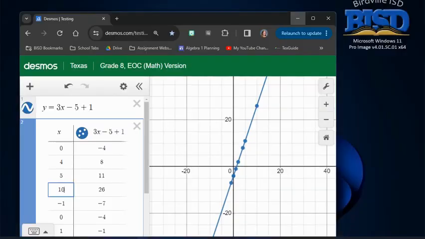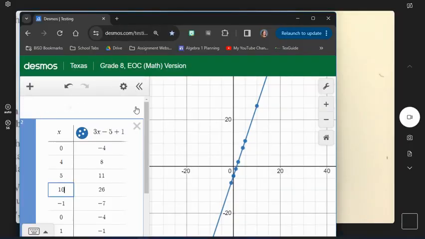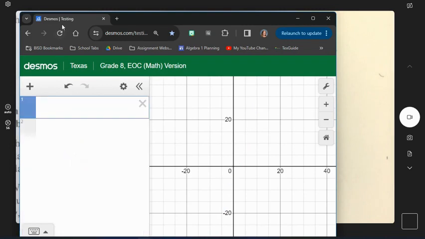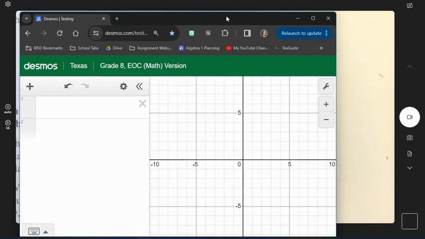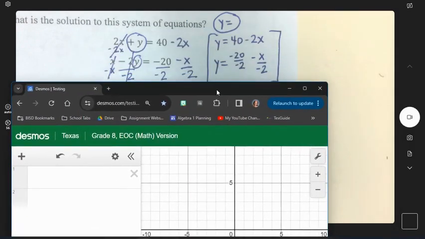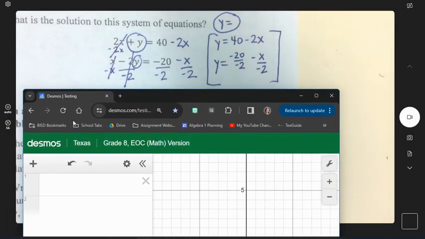I'm going to clear this out. I'm going to refresh my Desmos just so I have everything clear. All right, so I can still see both of them. I'm going to put it in. So y equals 40 minus 2x is my first one.